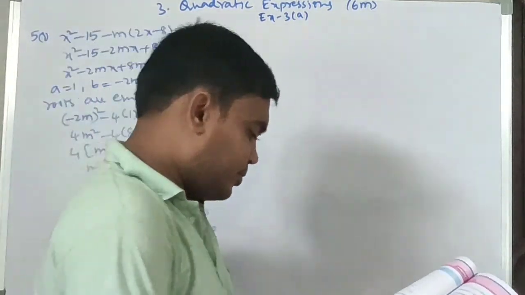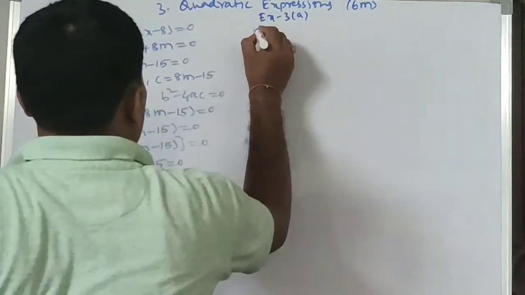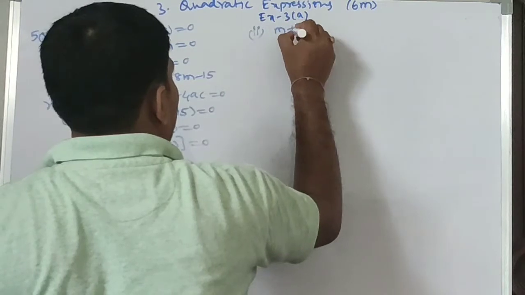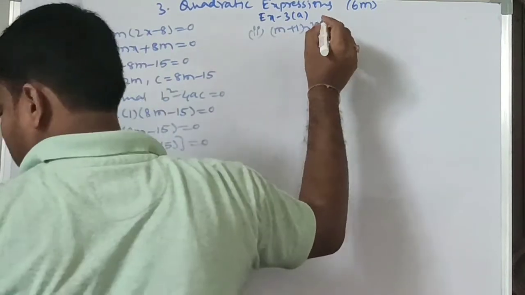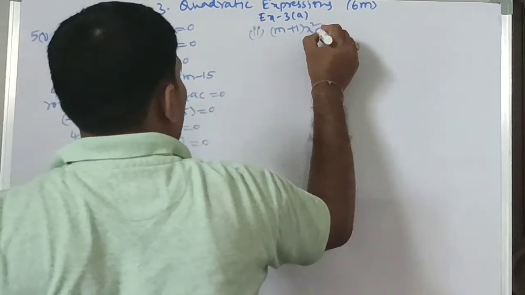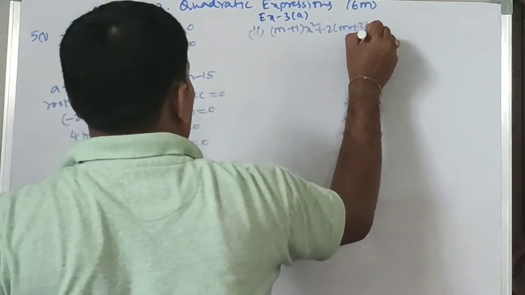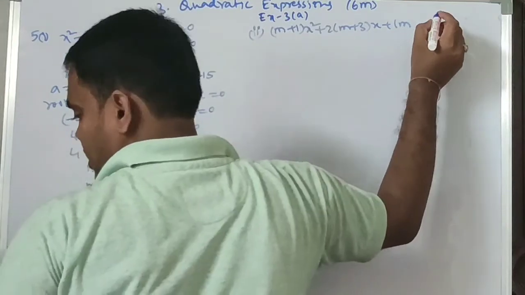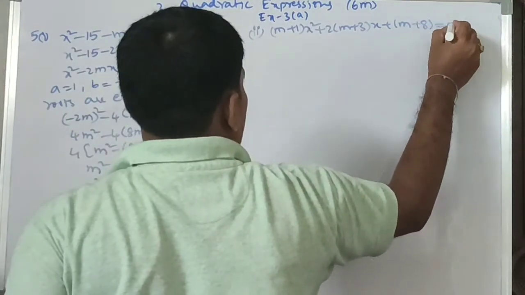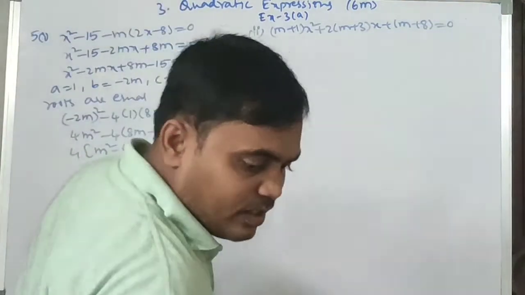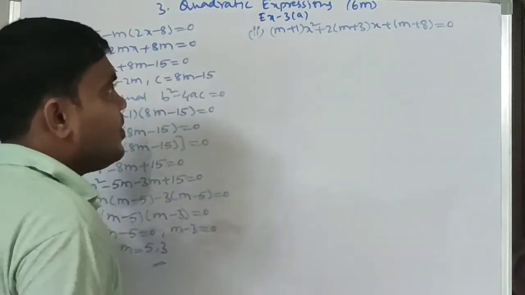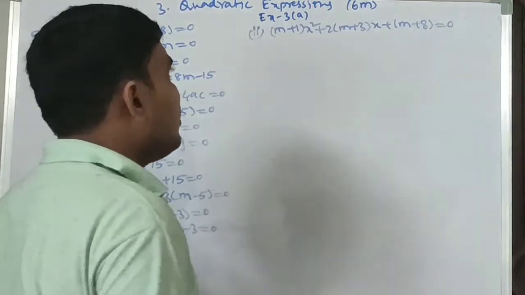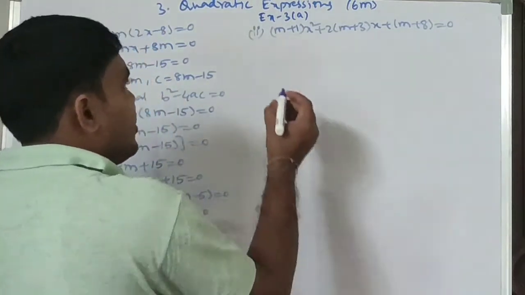Next question. Second, (m plus 1) of x square plus 2 of (m plus 3) of x plus (m plus 8) equal to 0. Okay, we need to find out this equation. First, directly I want to compare with the general quadratic equation.